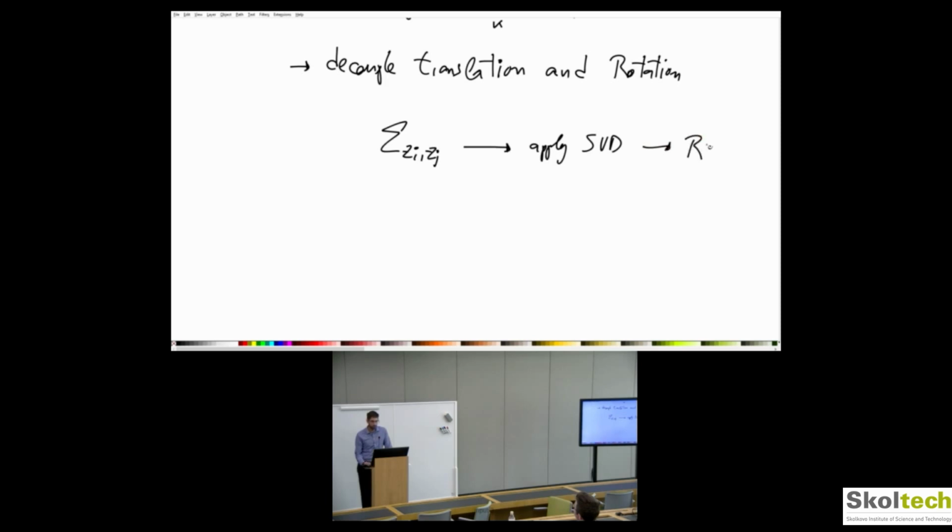What is the great thing about this method? It's closed form. You don't need an initial guess. You are going to have a solution just by applying this algorithm. Another interesting thing is that if you don't have degeneracies, like all points lying on a line, you just need 3 points.